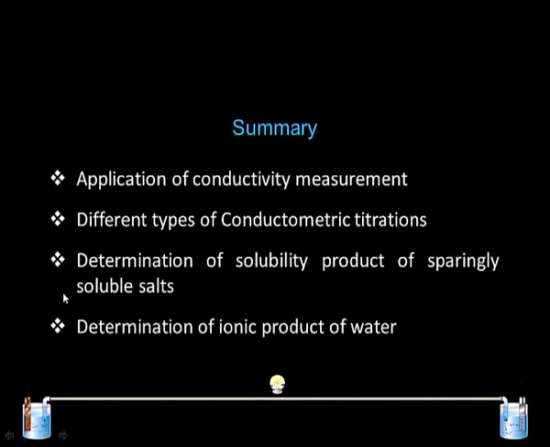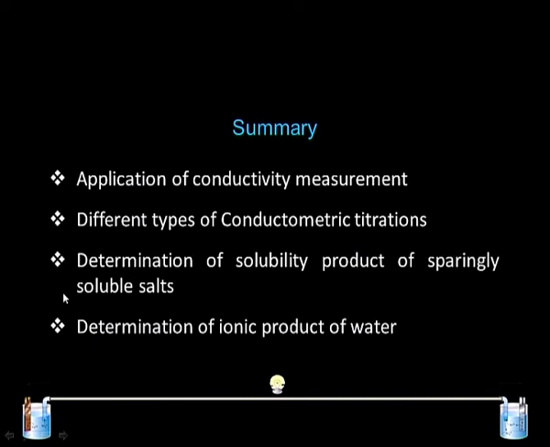We also looked at precipitation titration, which can be used to find the concentration of a given unknown solution, and the solubility product, which can be determined only through conductivity measurement, because there is no other chemical method which can find the solubility and finally the solubility product of a sparingly soluble salt. And we looked at the ionic product of water and found its value.